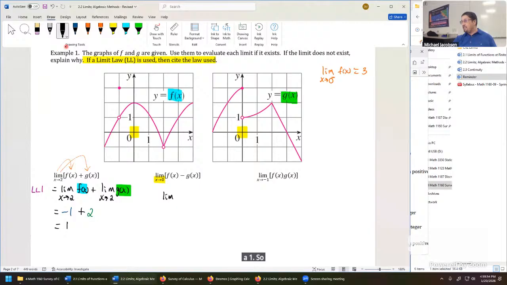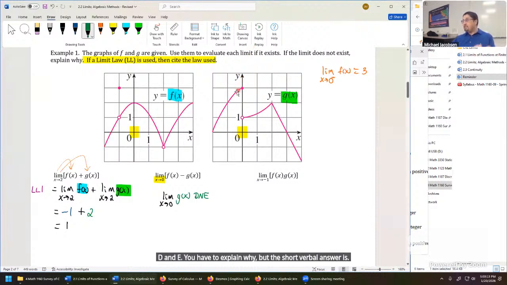So now we get to say the limit as x goes to 0 of g of x does not exist, or the shorthand used in chat, DNE. You have to explain why, but the short verbal answer is the limit is 3 if we're coming in from the left. That's this limit right here. But the limit is 1 if we're coming in from the right.